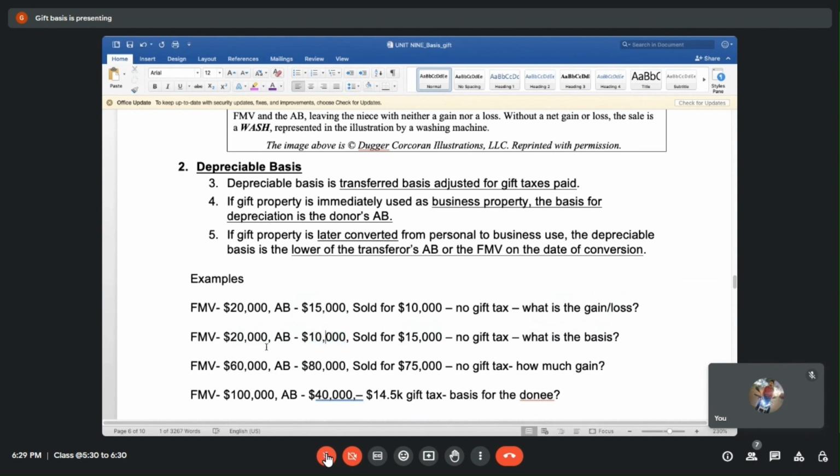If we go with fair market value, then she is selling it for a loss, 5,000, if we just compare fair market value with the selling price. But in both these situations fair market value is higher, so we have to take the lesser of fair market value or adjusted basis.